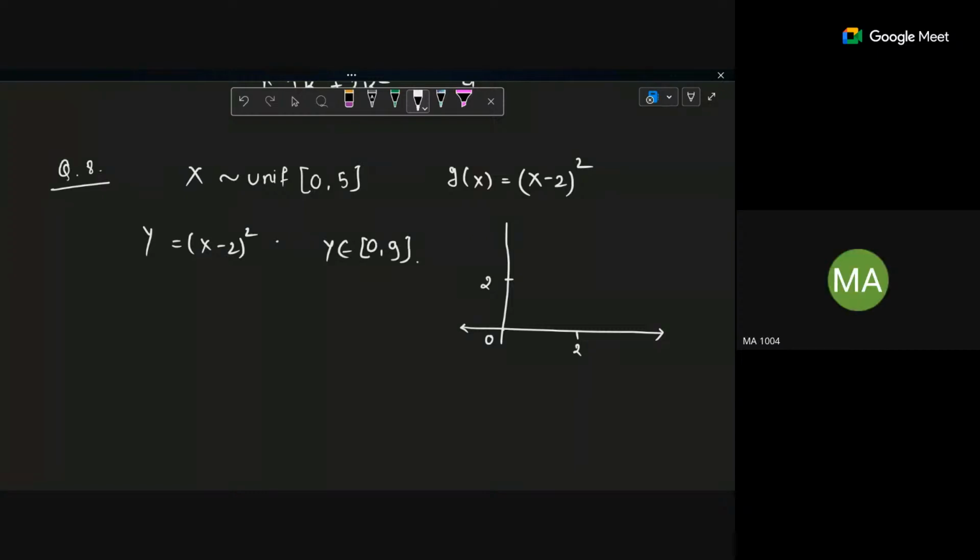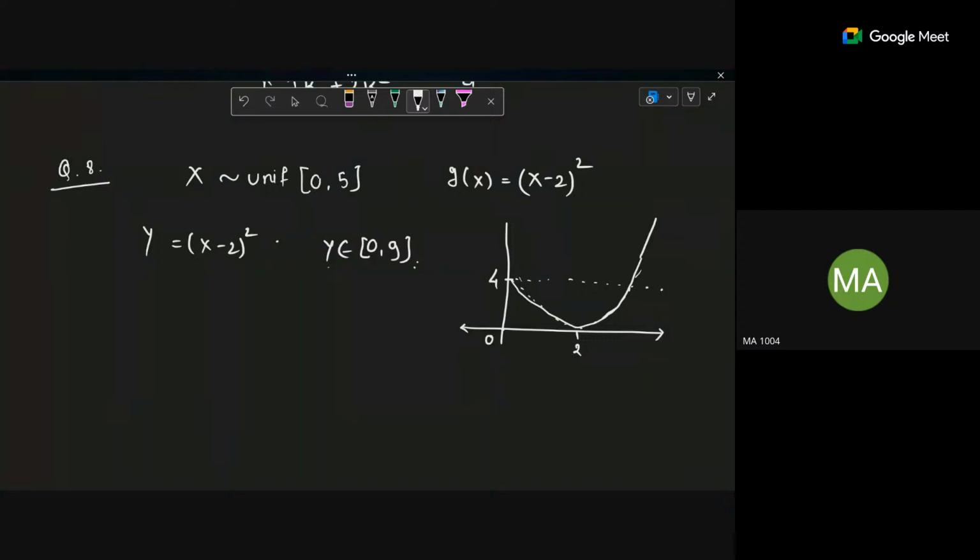So the graph will be something like this. Somewhere here 4 will be there, so this should be 4 actually. So y is ranging between 0 to 9. Till this point, that means point 4, some symmetry is there.